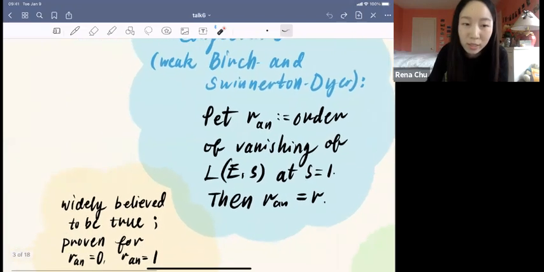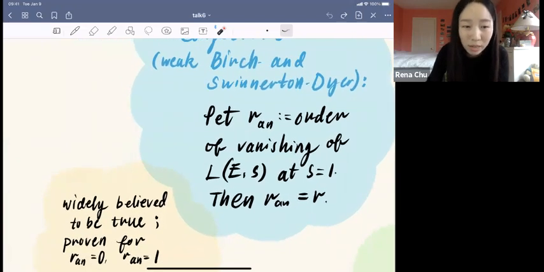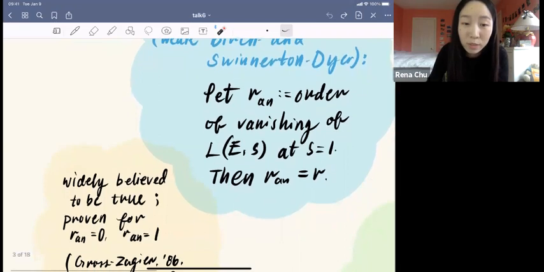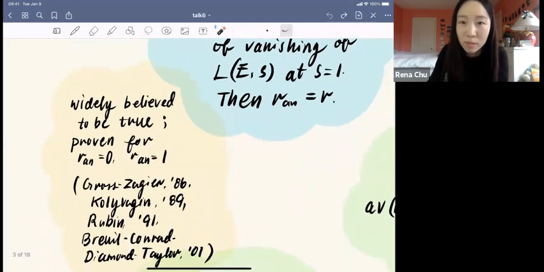This conjecture is widely believed to be true, and it is actually proven for analytic rank equal to 0 and 1. This is the result of many mathematicians.